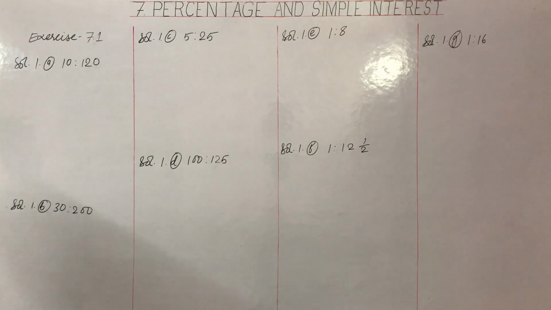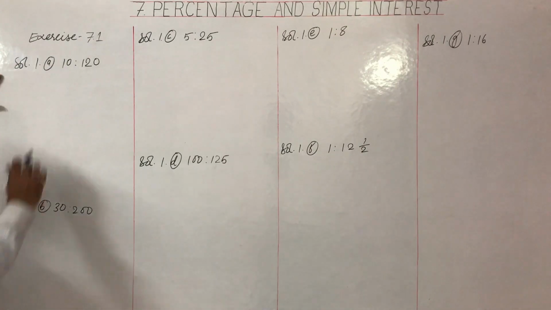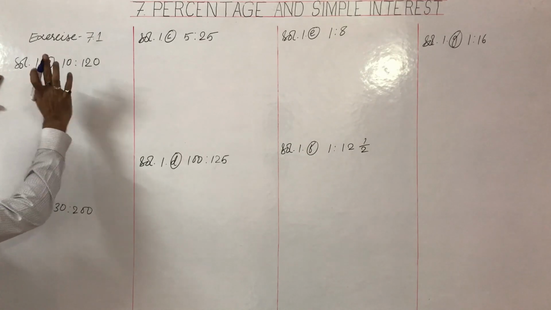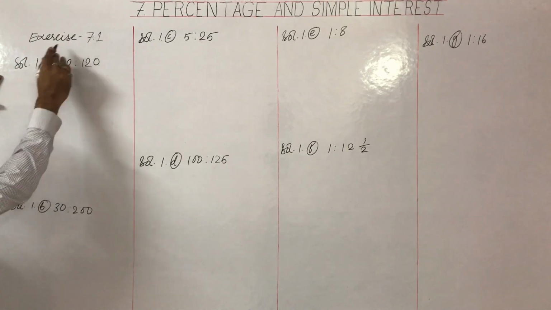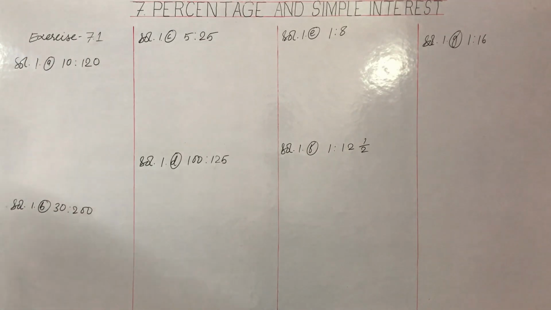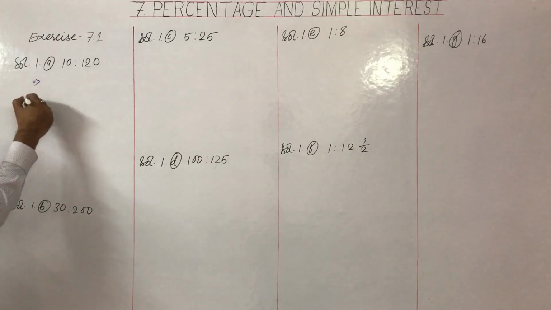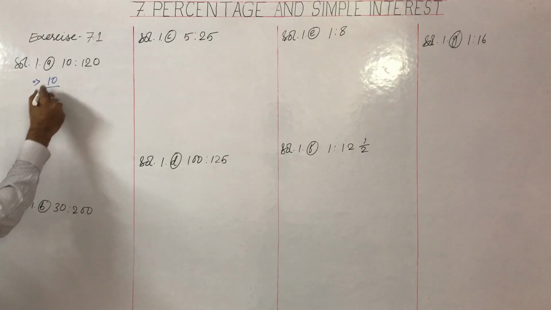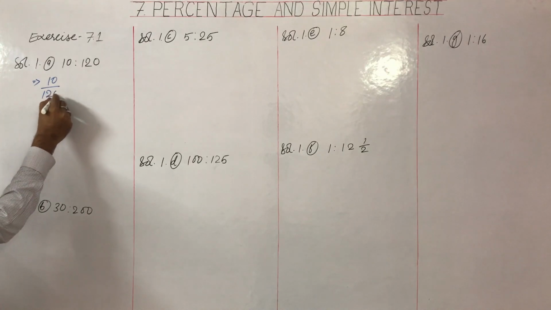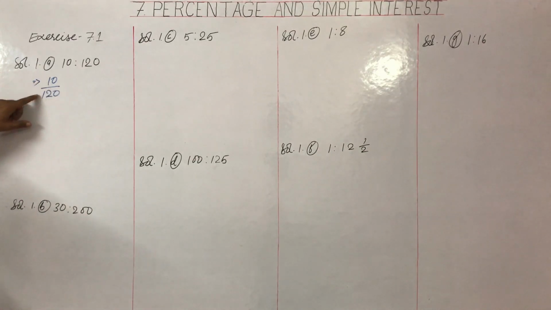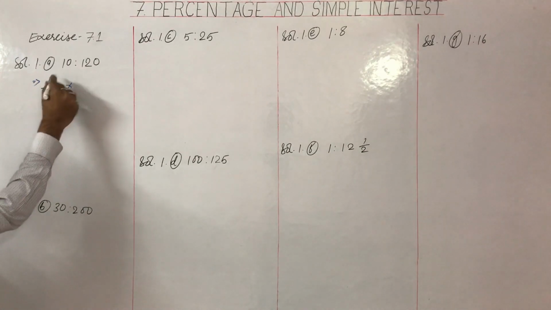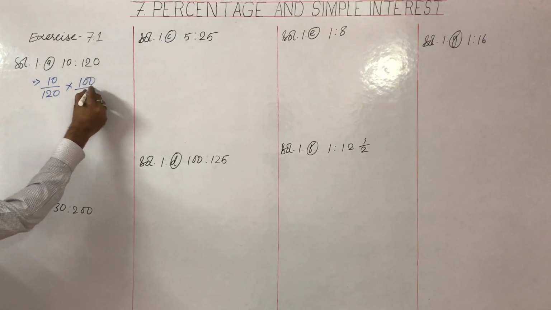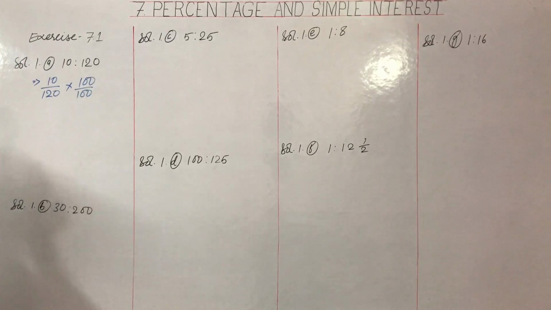First question, write each ratio as a percent. So first ratio is 10:120. For 10:120, first of all, write it in fraction form like this, 10 by 120. Then multiply this by 100 and 100.